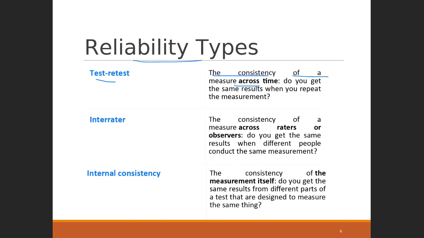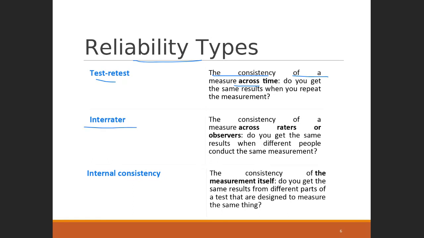Concepts like job motivation and job commitment may vacillate, they may fluctuate in different time periods. So it is not recommended to use this method of reliability when you expect your variables to change over time. Use it only on those variables which are expected to remain constant over time.